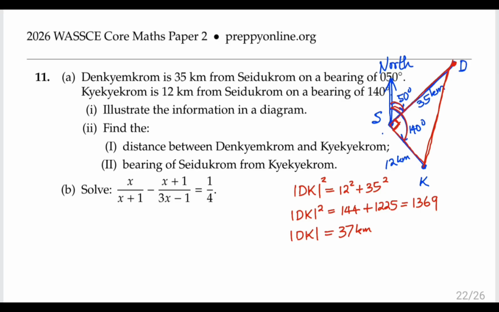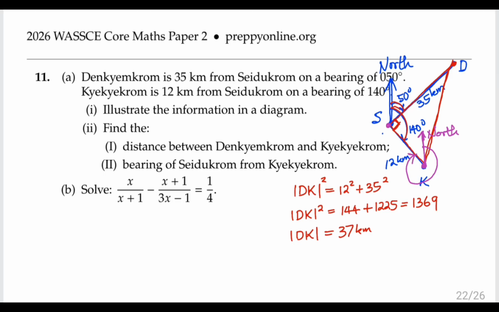We are also being asked to find the bearing of Sadochrome from Chechachrome. That means that you stand at Chechachrome here and then you try to find the bearing of Sadochrome, which is here. Now we draw another line due north, so this is north, and so what we are trying to find is this angle.